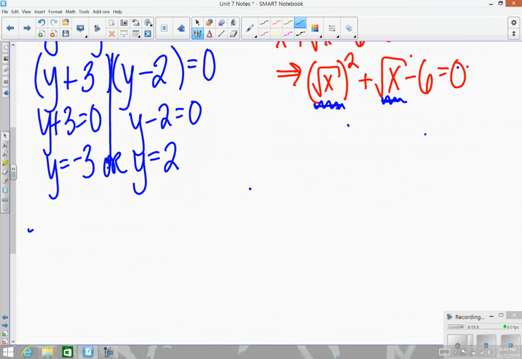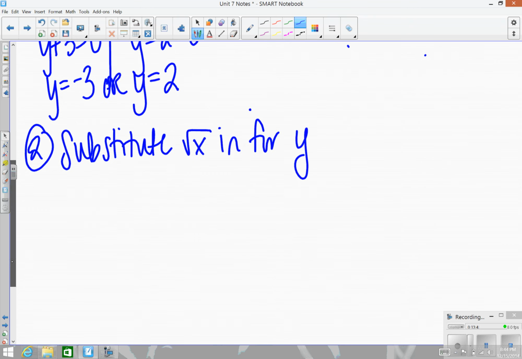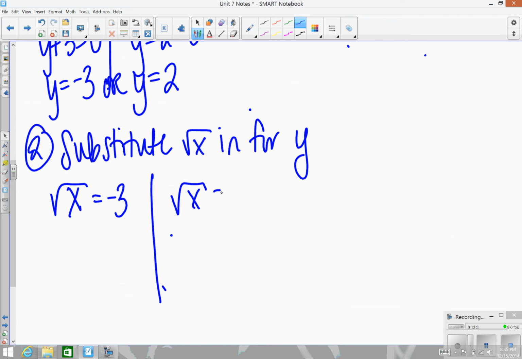And then from here, remember, we have to substitute back in. So we're going to substitute the square root of x in for y. So we have the square root of x equals negative 3 and the square root of x equals 2.